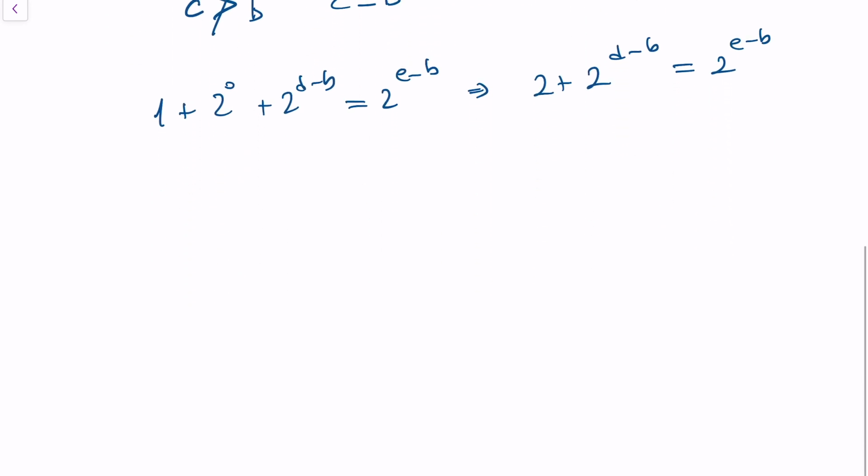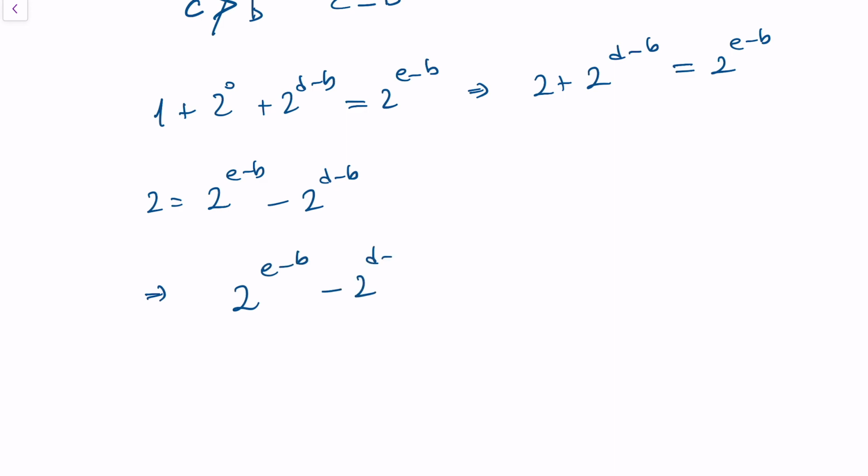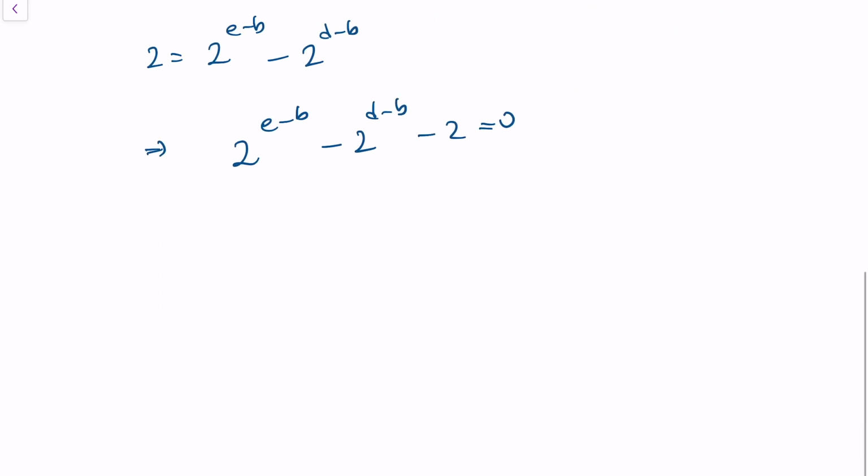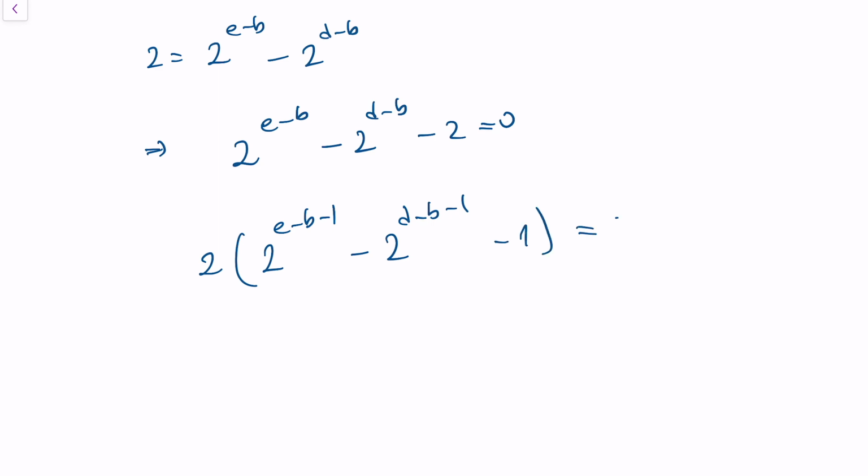If we rearrange that, we get 2 = 2^(e-b) - 2^(d-b). So 2^(e-b) - 2^(d-b) - 2 = 0. If we factorize 2, we have 2(2^(e-b-1) - 2^(d-b-1) - 1) = 0.